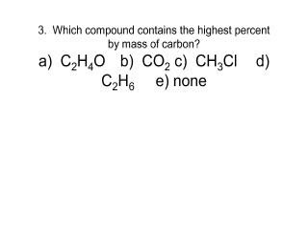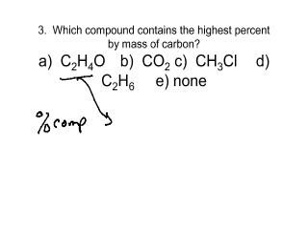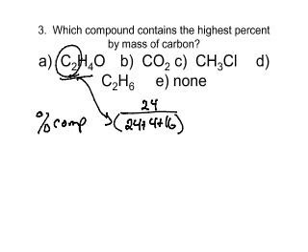Number 3. Which compound has the highest percent carbon by mass? Well, you can actually figure each of them out. Remember this is a percent composition. For letter A, you would say 24 plus 4 plus 16, whatever this comes out to be, and you'd say 24 over that. 12 times 2, carbon weighs 12, and that comes out to 54%.